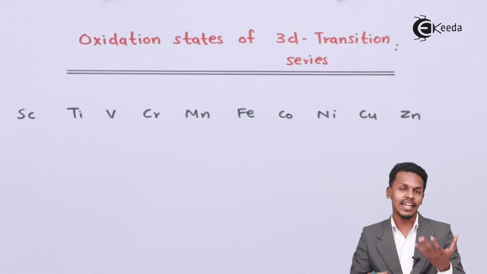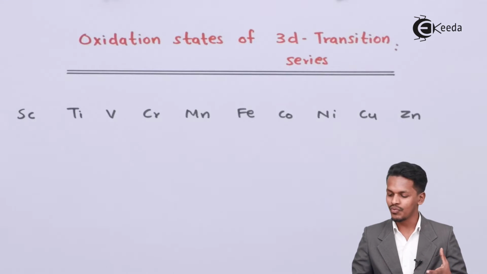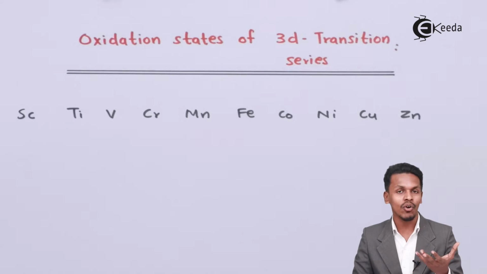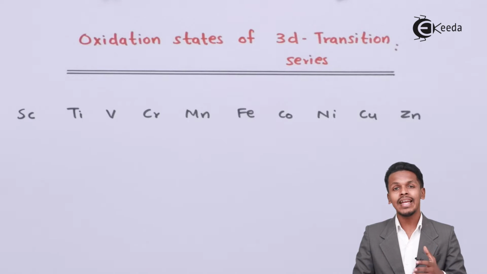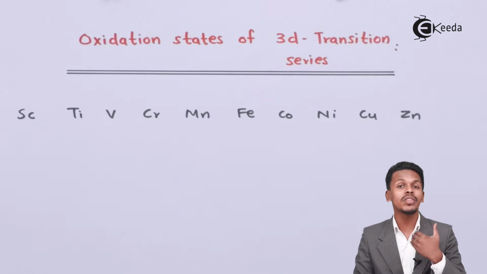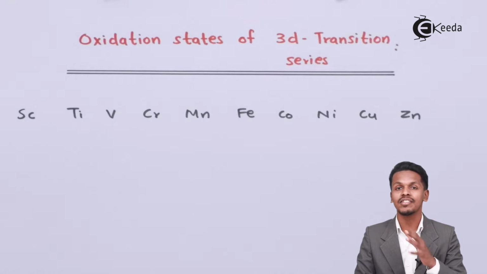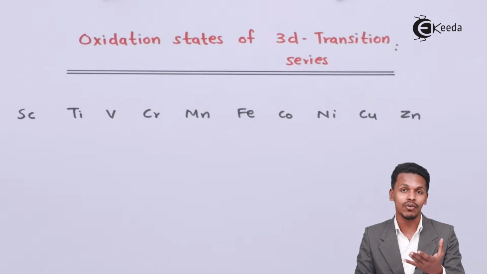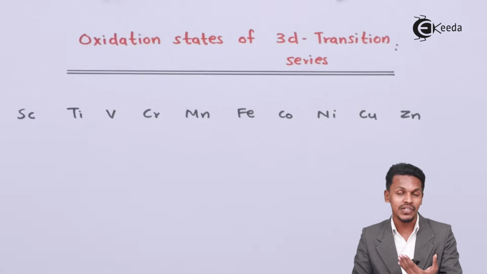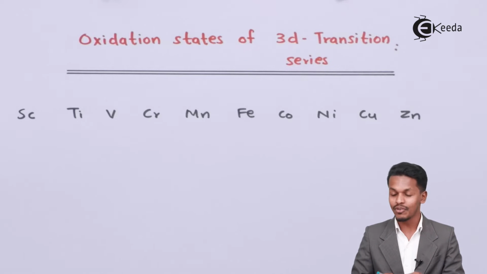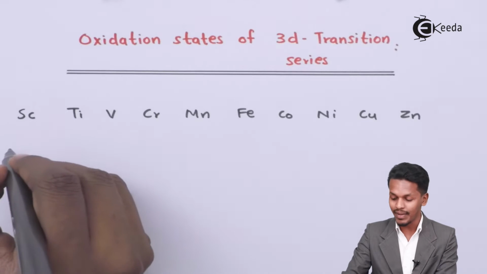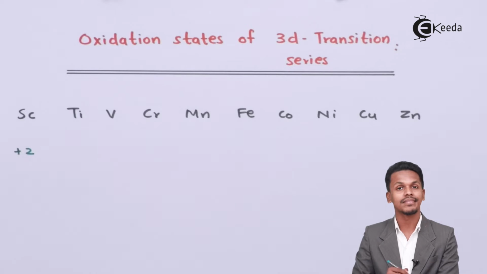The electronic configuration of scandium is argon 18, 3d1 4s2. The fourth main shell consists of the s orbital, which has 2 electrons. These 2 electrons can be lost, giving scandium an oxidation state of +2.